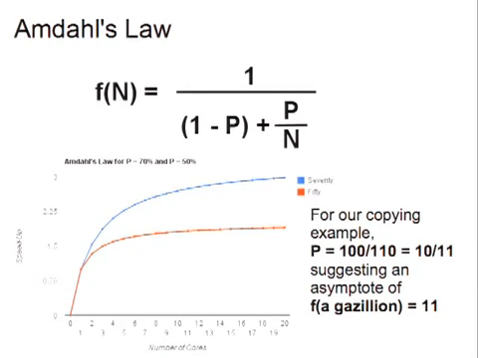If half our code is amenable to being split up among independent agents, independent actors, then we're looking at a very quick rise to an asymptote. What's the limit here? 1 over (1 minus 0.5) gives us 2. 1 over 0.5 gives us 2. 70% here, you can see that it's rising, heading for an asymptote of 1 over 0.3, or about 3.3x speed up.